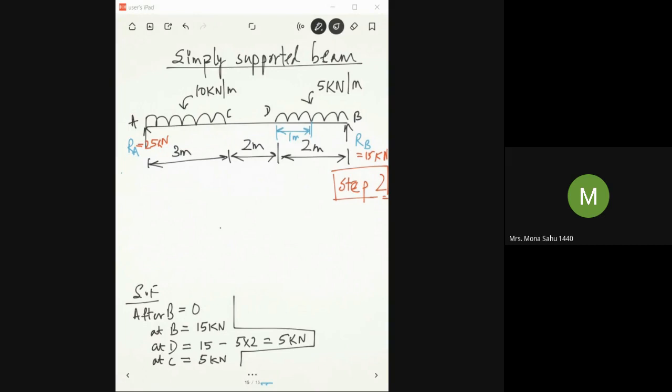So point A has a point load. So after A and at A. So after A, it's going to be 15 minus 10, okay, minus 30. 10 into 3. Clear?